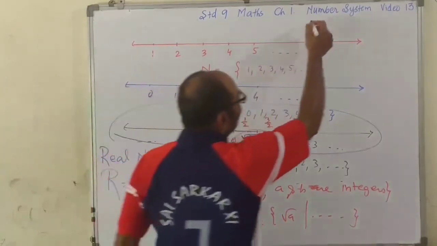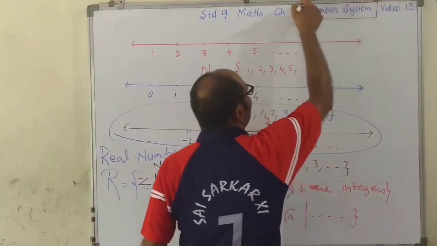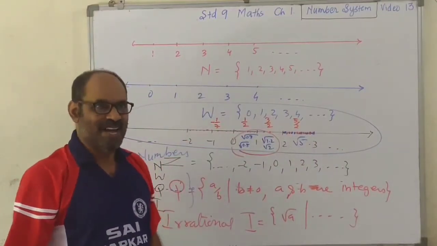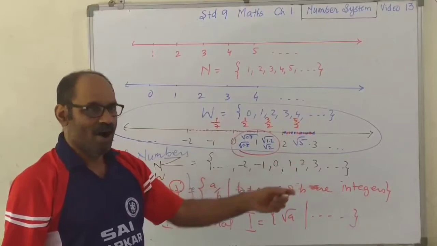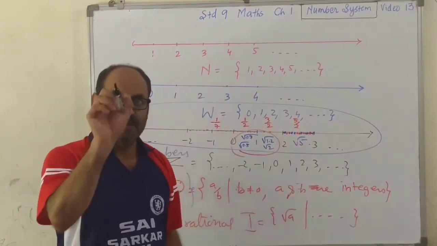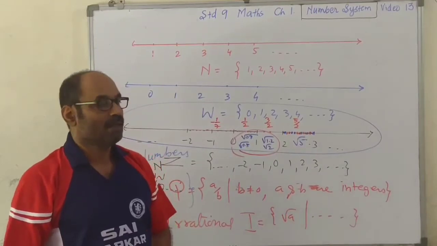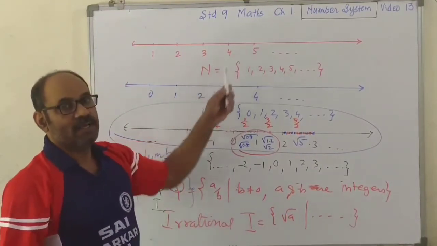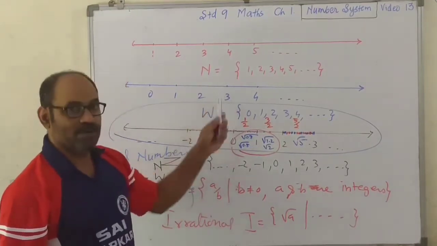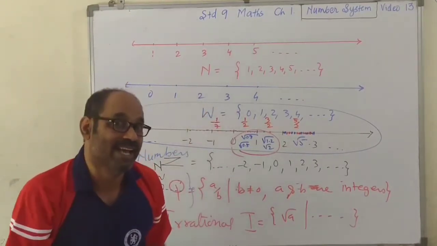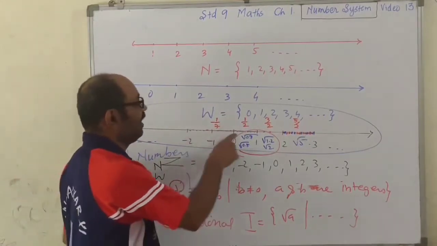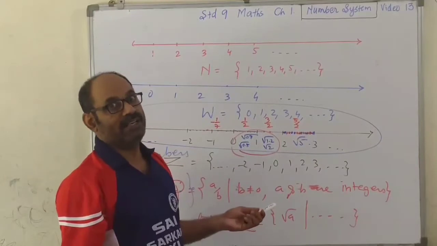Now you can justify this name of the chapter, number system. So in the number system, on the number line, each and every point can be assigned one number. If you talk about this, you can assign only natural numbers. If you talk about this number line, you can assign only whole numbers. Only integers, then only integers.